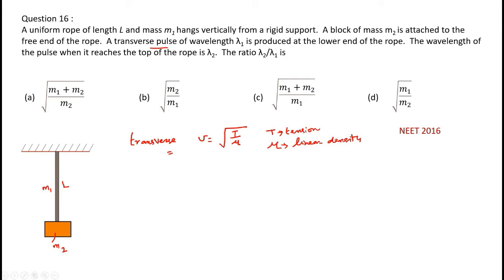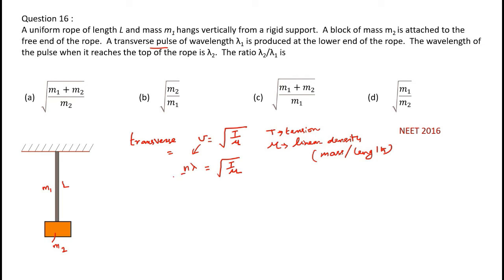Linear density is defined as mass per unit length. Also we know V is equal to n lambda, which equals root of T by mu.